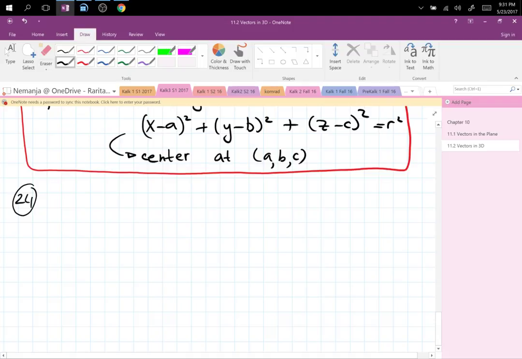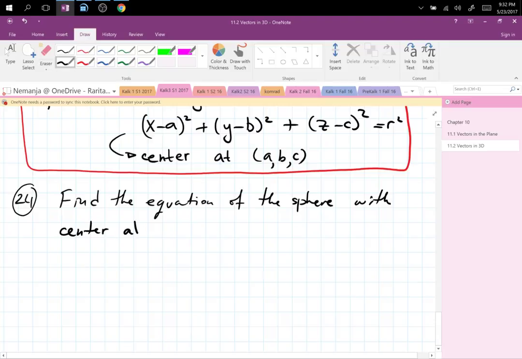It says, find an equation of the sphere with center at 1, 2, 0, passing through, so this is the point on the edge of the sphere, 3, 4, 5.